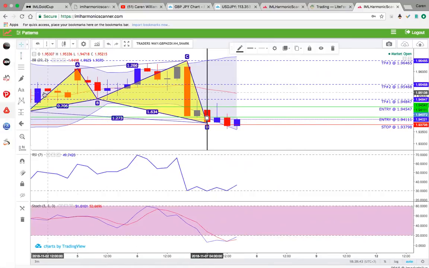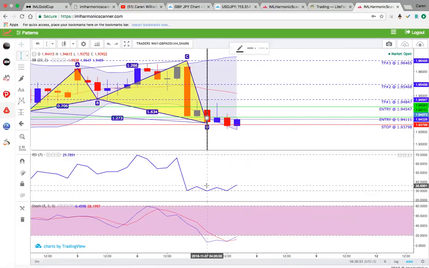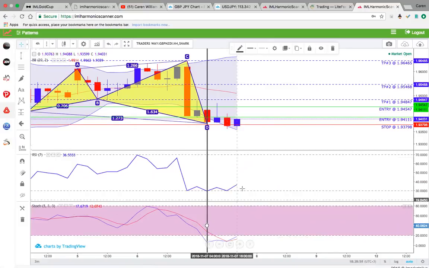We're focusing on the candle at the D, right? So let's imagine that these 3 candles have not happened as yet, and we are at the candle at the D. We're going to line up the RSI and line up the stochastic with it as well. Great.